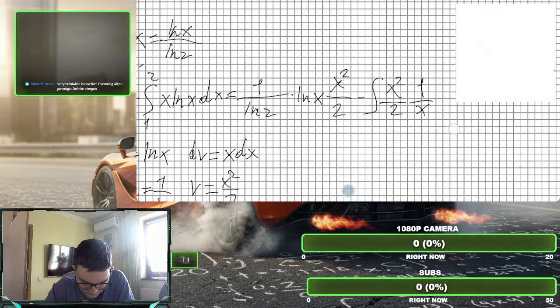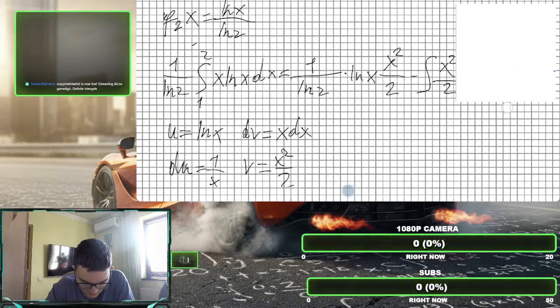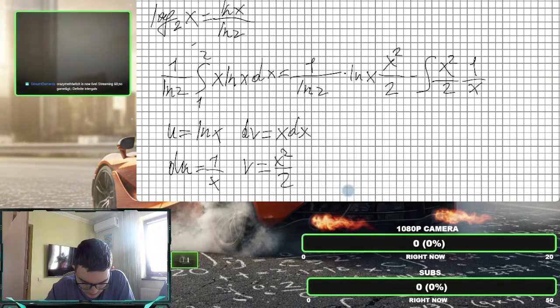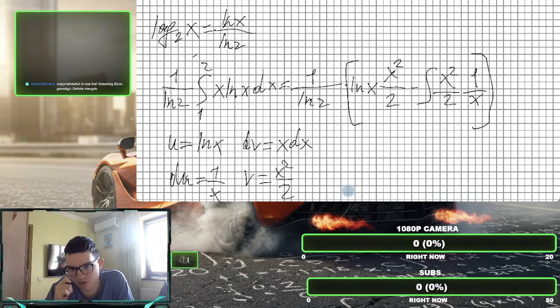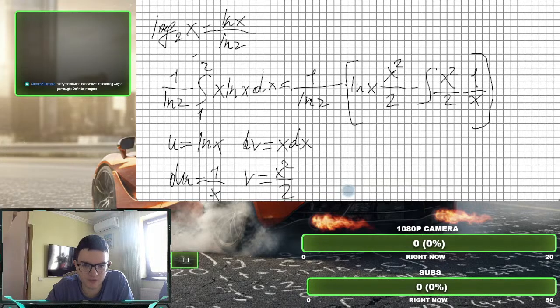And now I also have to take into account that everything here is times this, as it was in front of the integral when I did IBP, so it should be like this, I think.